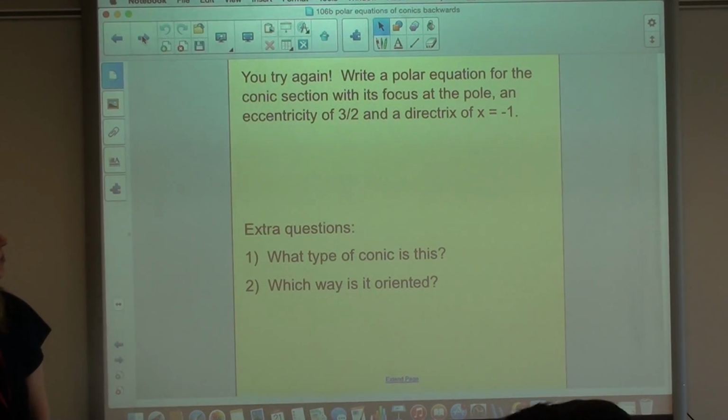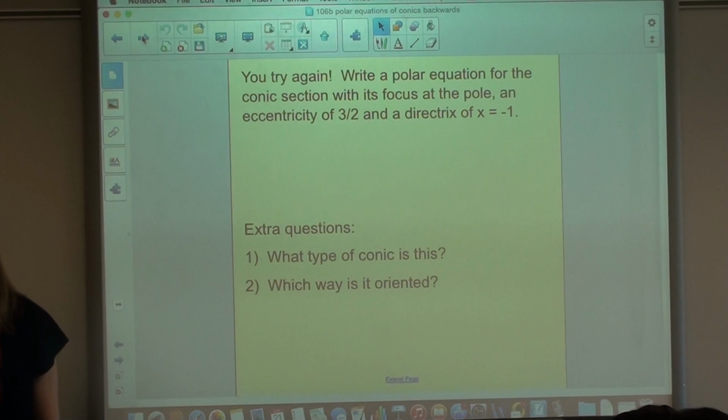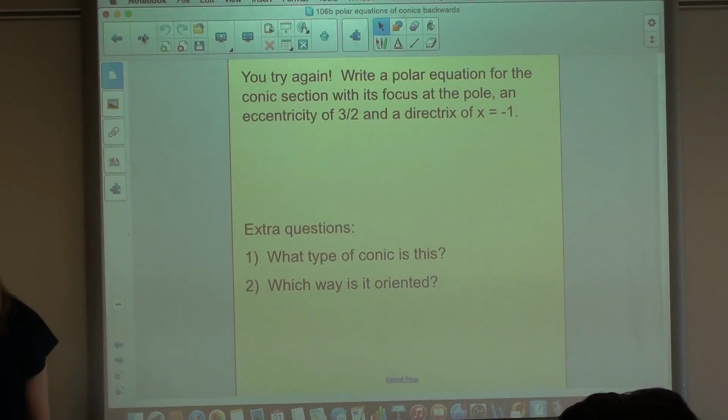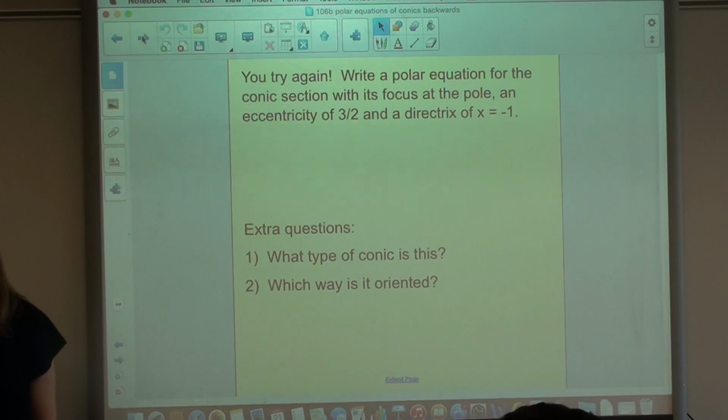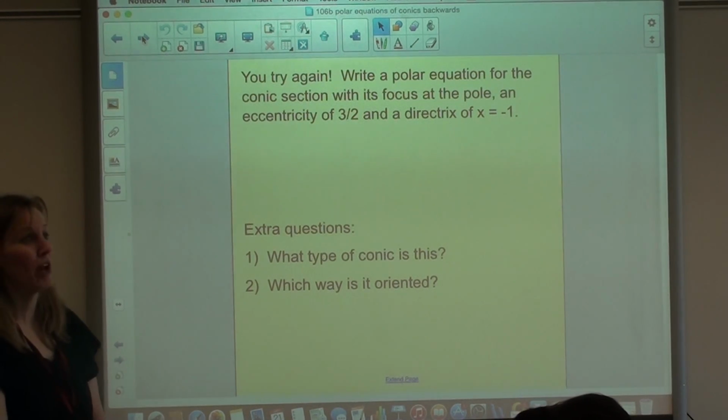It is cosine. Cosine horizontal. I said that sometime this week, when we first learned polar, I think last Friday.